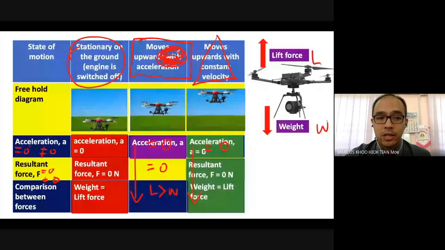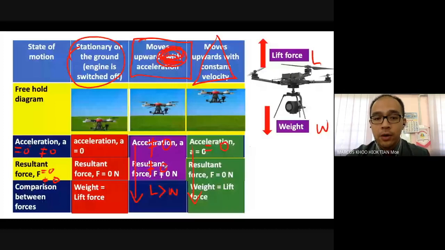If the acceleration is not equal to 0, it means the resultant force is also not equal to 0. Not equal to 0 means there is a number, it is not zero. And because of that, the lift force is bigger than the weight. So Shim also got 1 out of 3.